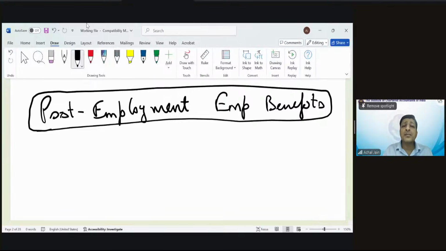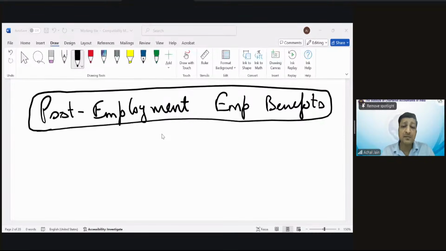Can you give me some examples of the employee benefits which are payable at the time of retirement? Here I'll have to come to your query slightly later. So let's talk about post-employment. Any examples that come to your mind?